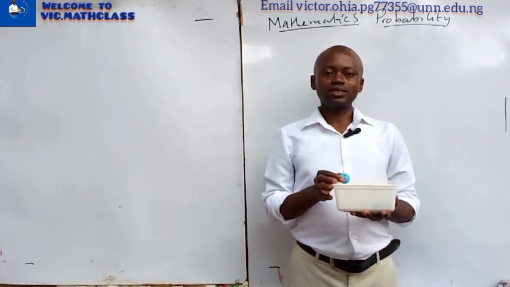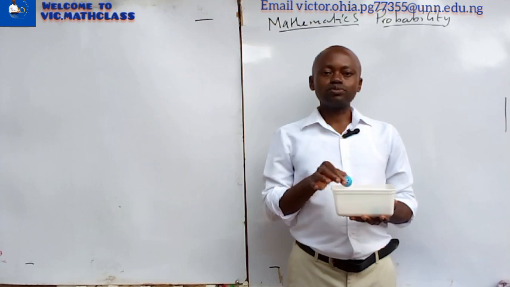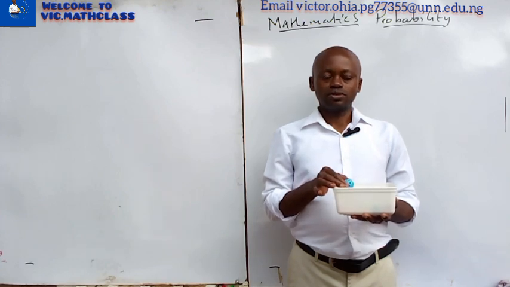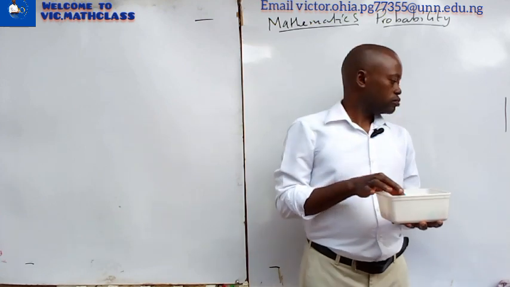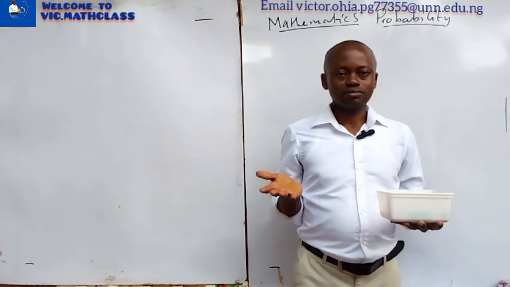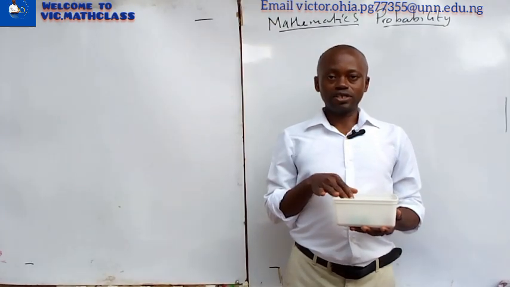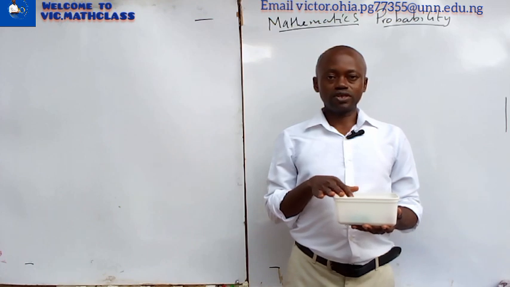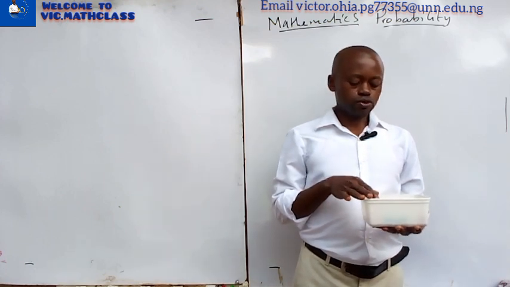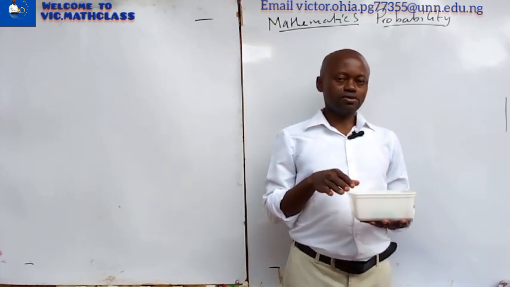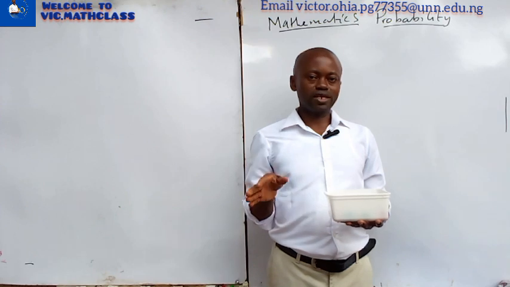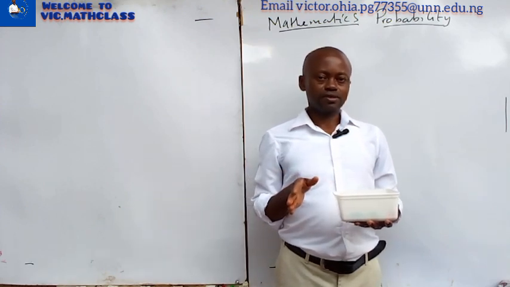The sample space we are talking about here is the possible outcomes. So one can begin to do some things. If you narrow this practical demonstration down, we can now use it to begin to talk about mutually exclusive events.